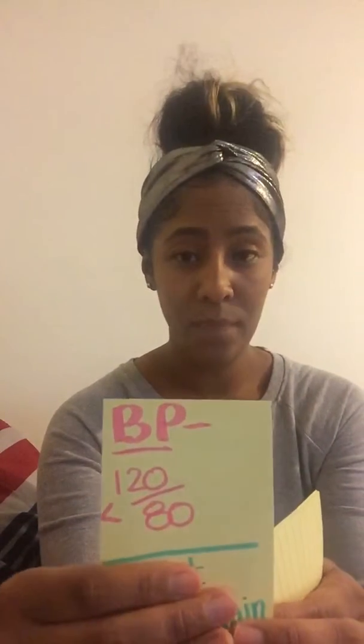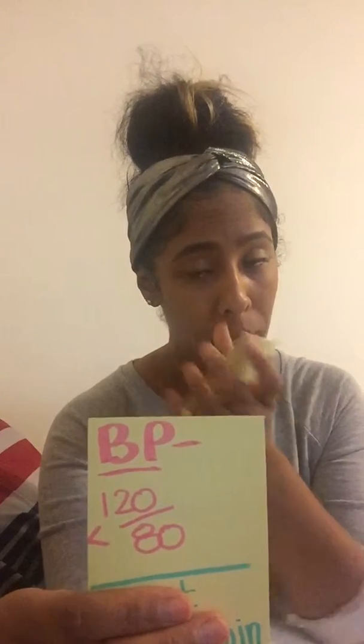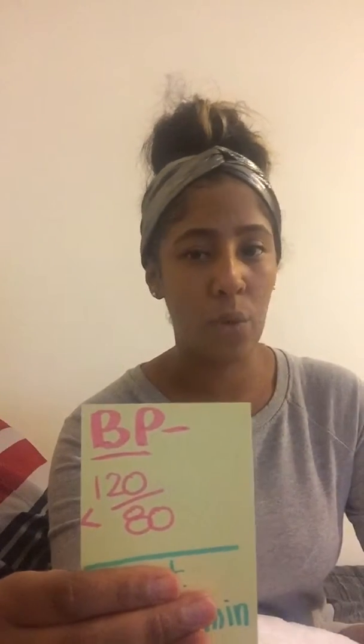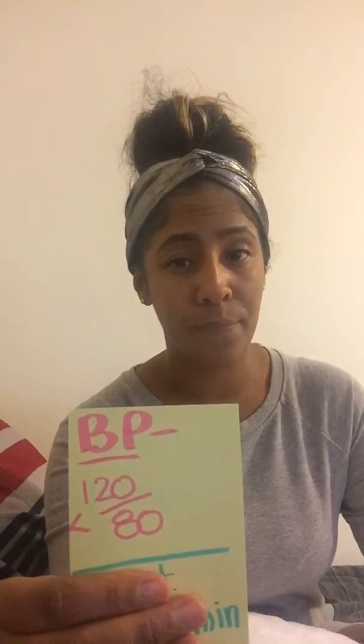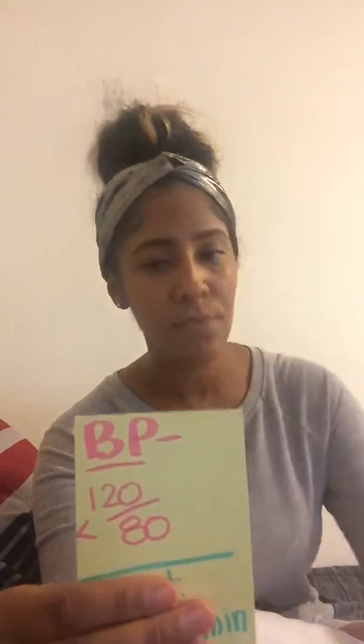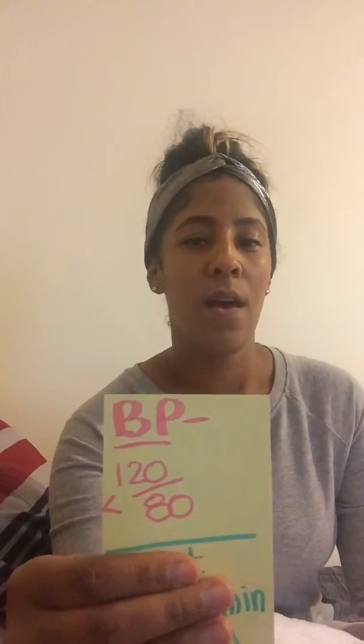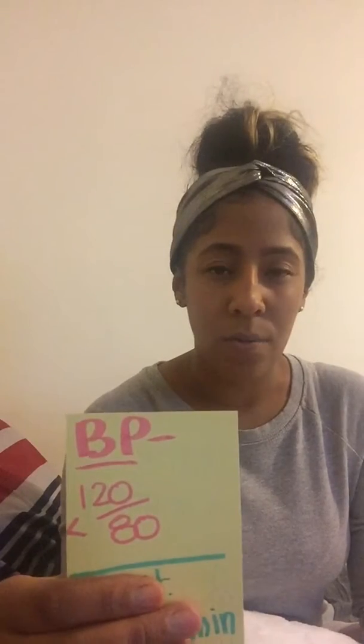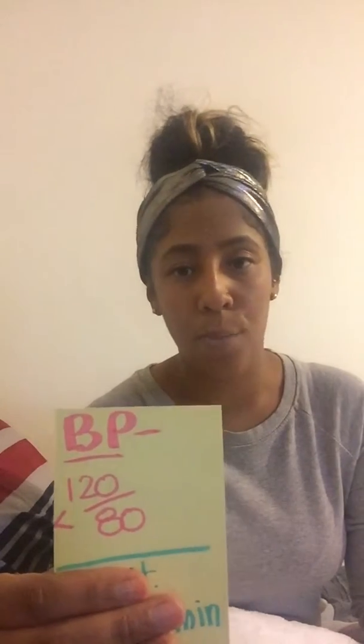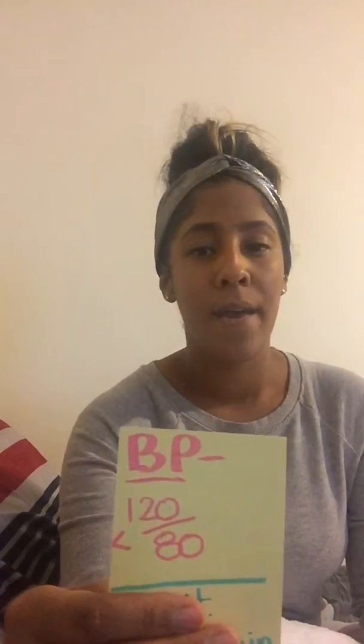Blood pressure norm, we say less than 120/80 is normal. Anything above this, again, you are going to be a little bit worried about, because then you start talking about pre-hypertension and hypertension.